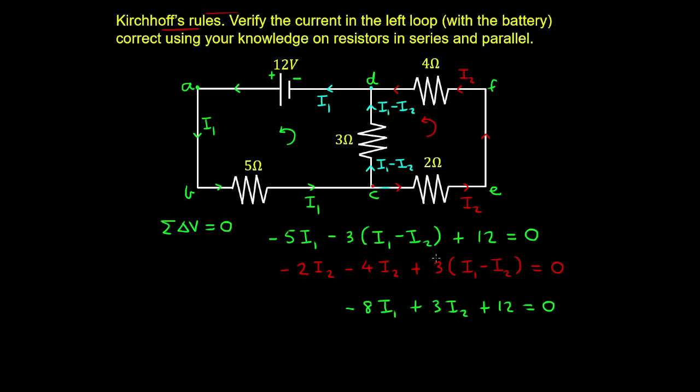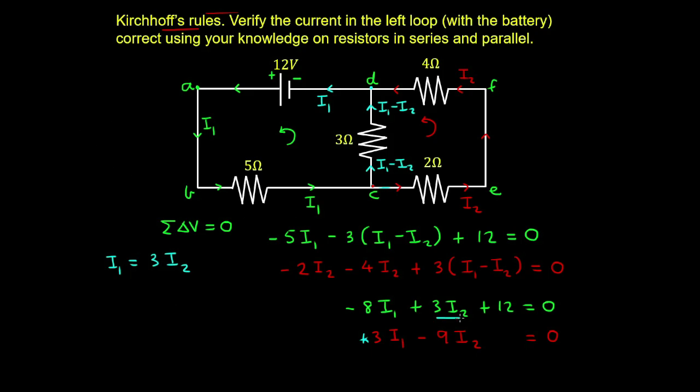And now simplifying the second equation, we have 3I1 minus 2 minus 4 is minus 6, minus 3 is minus 9I2 is equal to 0. So from this second equation, we have I1 is 3 times the current in loop 2.